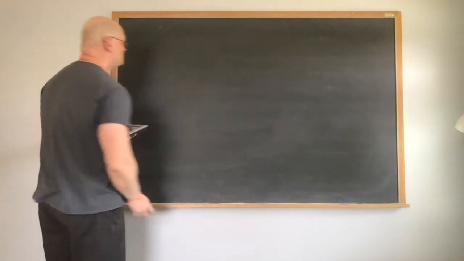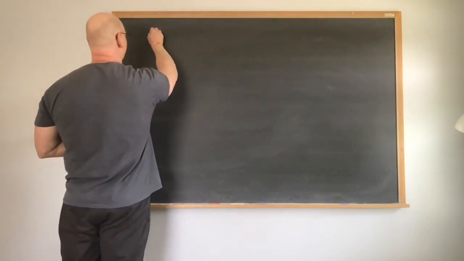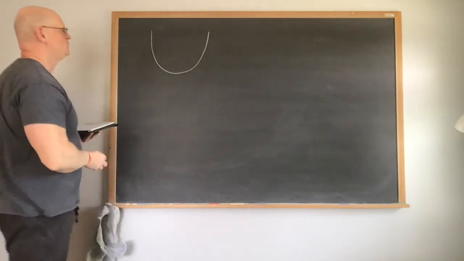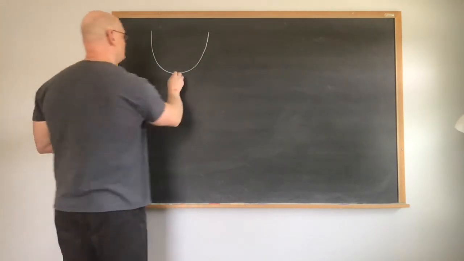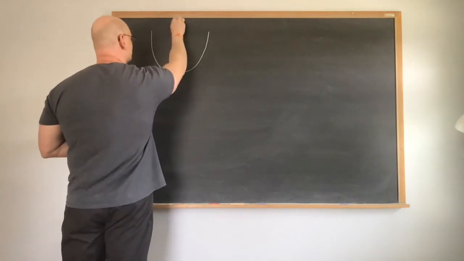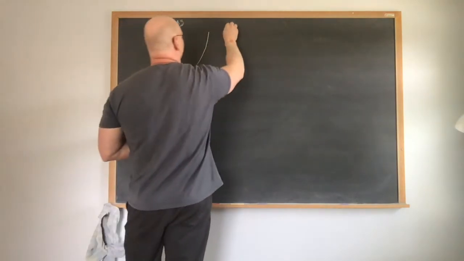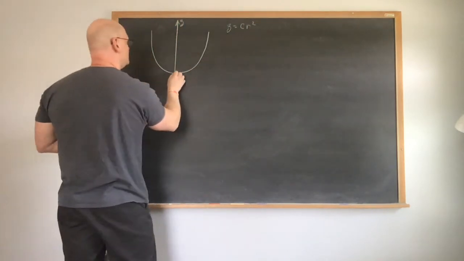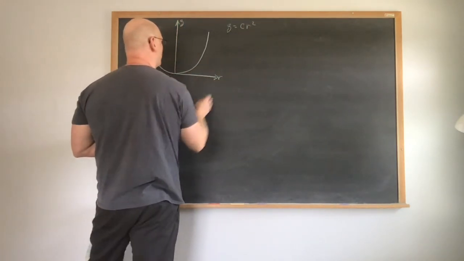So the next one says that we're going to have a bent ring, or at least a bent wire, which is in the shape of a parabola, which basically means that, again, if I call this my z direction, then z is equal to some constant times r squared. We're simply calling this direction here the r direction.